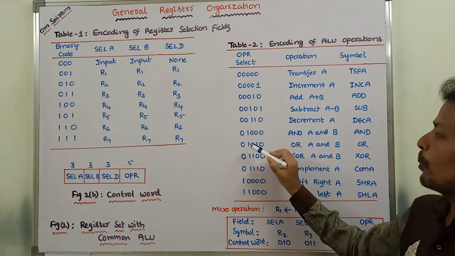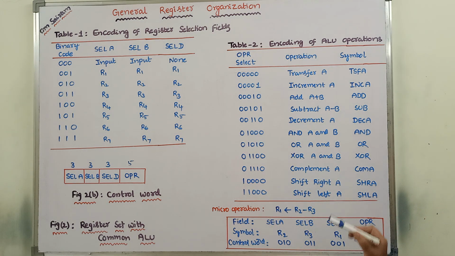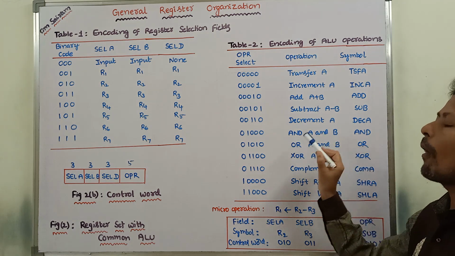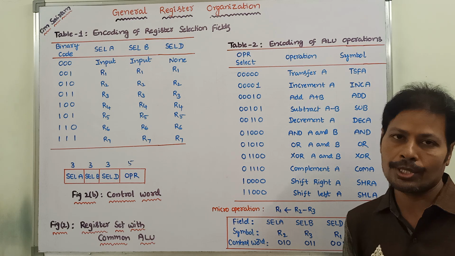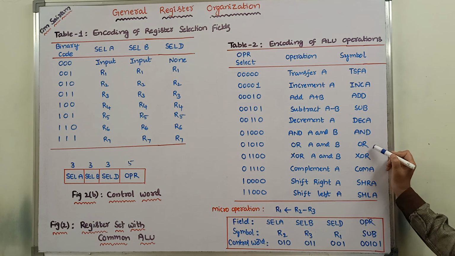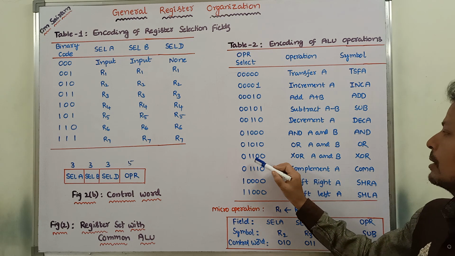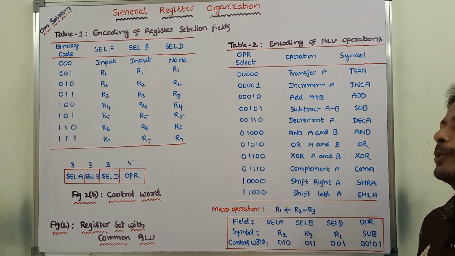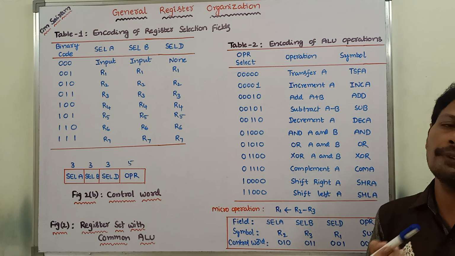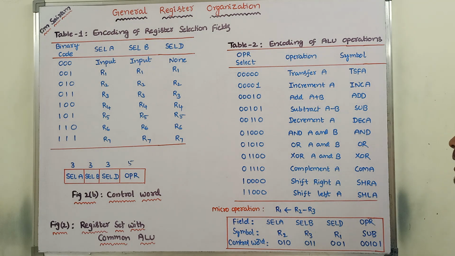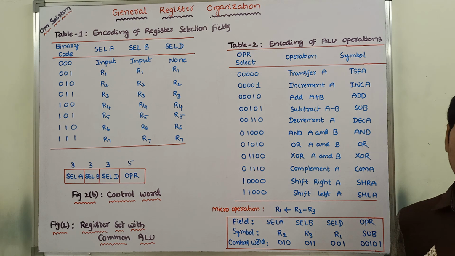Next, OPR value is 0, 1, 0, 1, 0. We have to perform the logical OR operation between register A and register B. The symbol used is OR. Next one, 0, 1, 1, 0, 0. We have to perform the XOR operation between register A and register B. The symbol used is XOR.